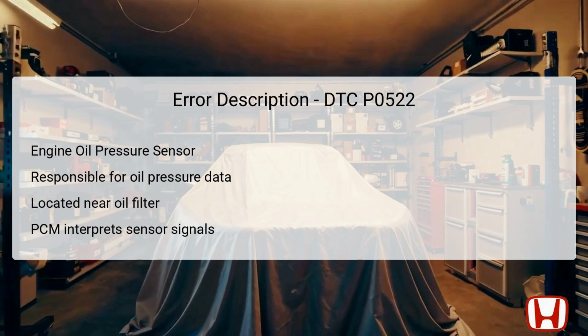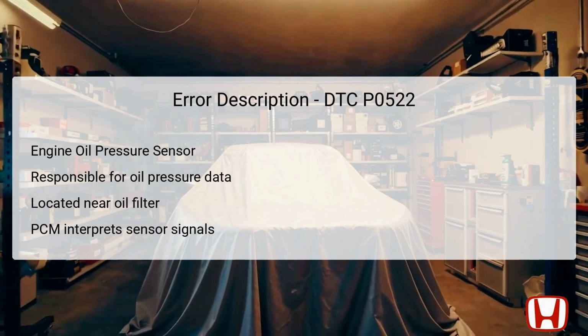DTC P0522 refers to a condition where the output voltage of the engine oil pressure sensor is lower than a predefined threshold. The engine oil pressure sensor is a key component that communicates oil pressure levels to the PCM. It is usually located close to the oil filter for easy access.